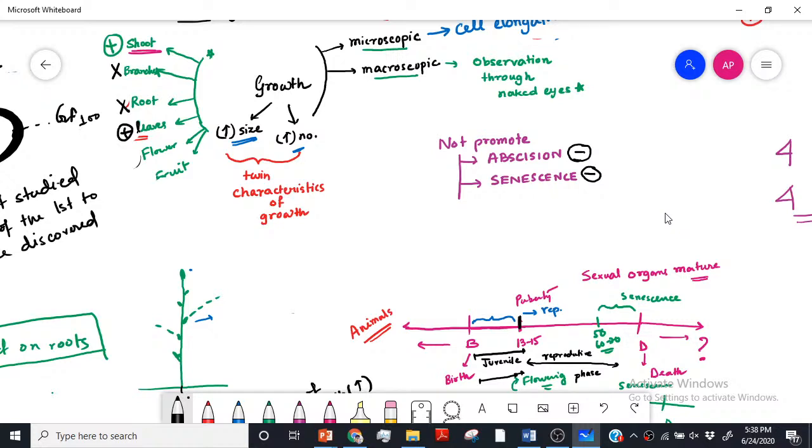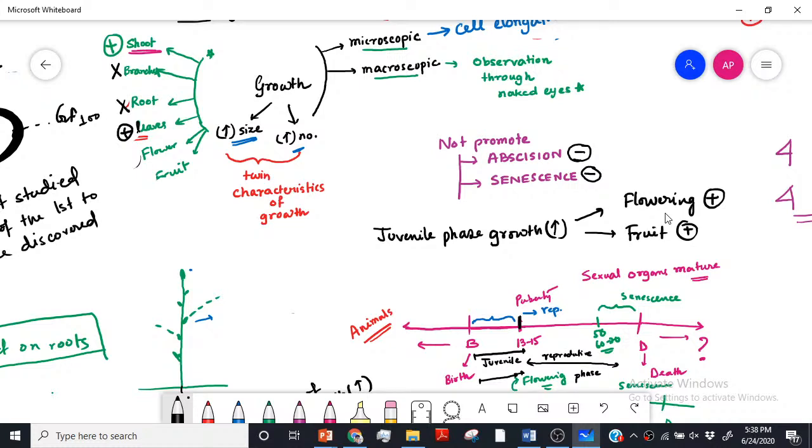So if juvenile phase growth increases, then what will happen? Flowering will increase and fruit production will increase, isn't it?